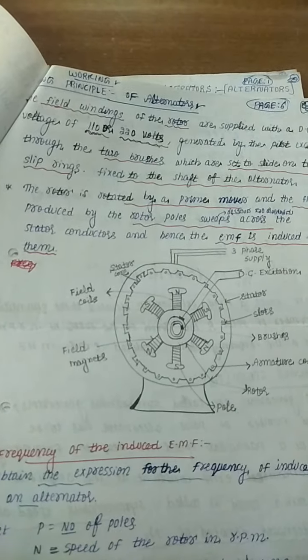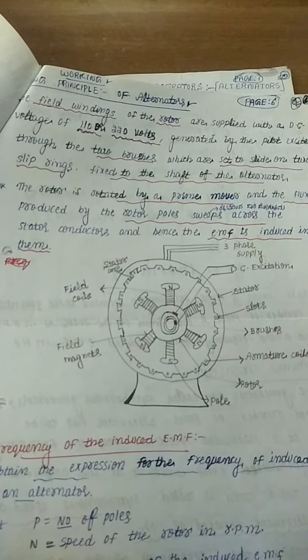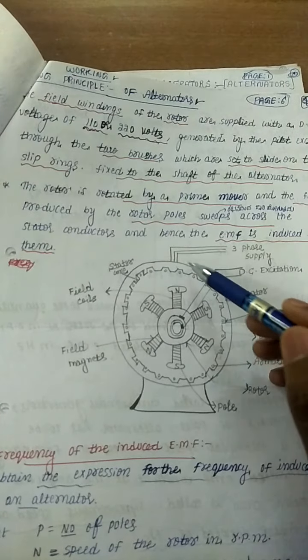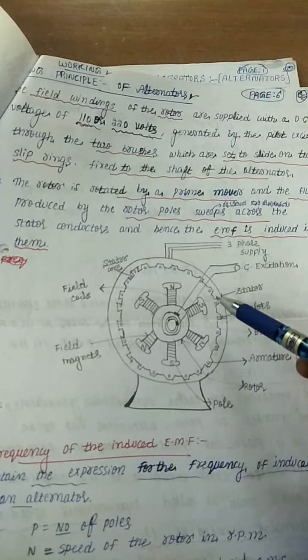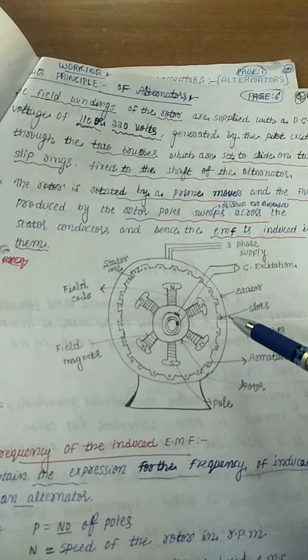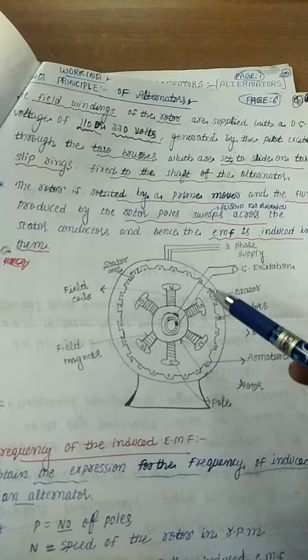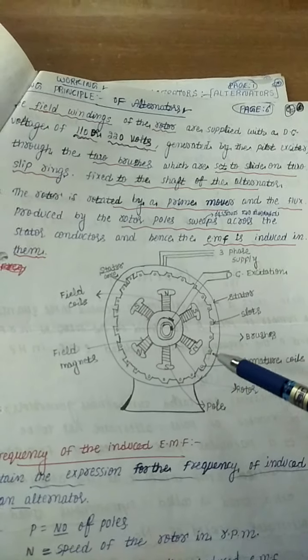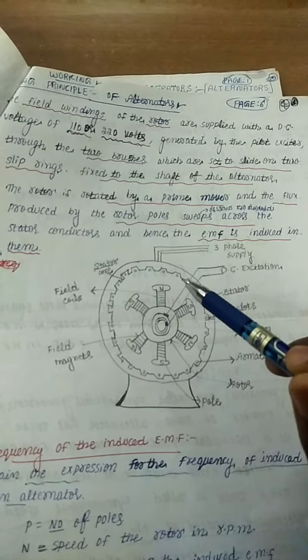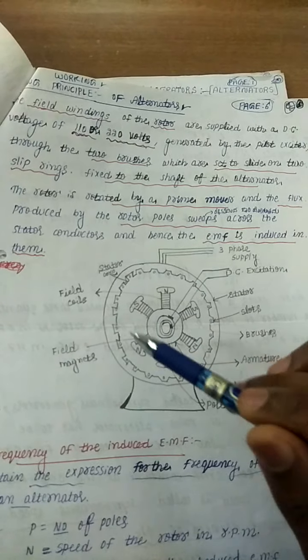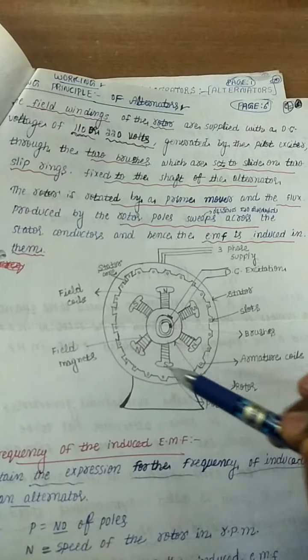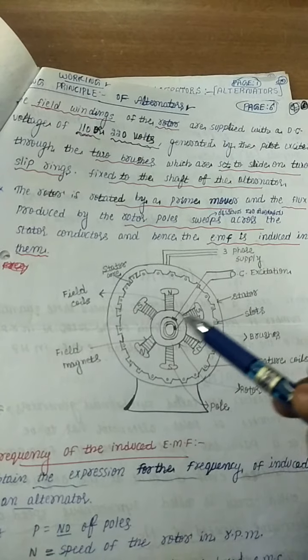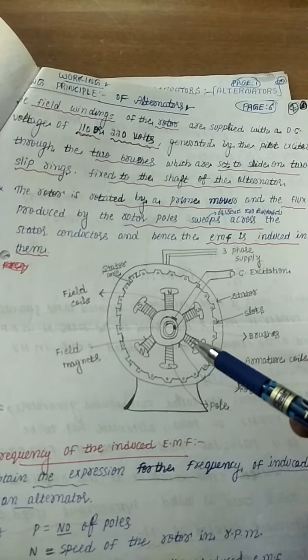If you come to the working principle of alternators, you might observe this outer surface is called the stator. I mentioned here, you have the slots. In the slots you have armature coils. These armature coils are stationary. The inside one we call the rotor, and the poles are projected out.